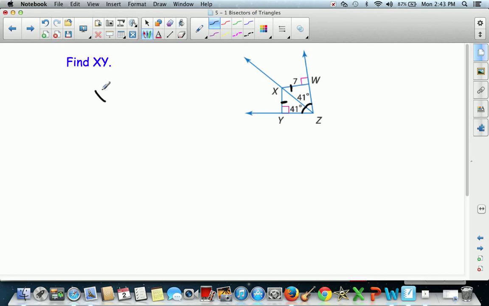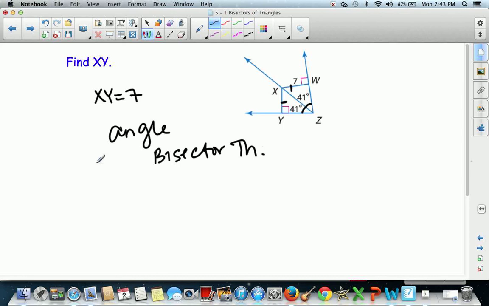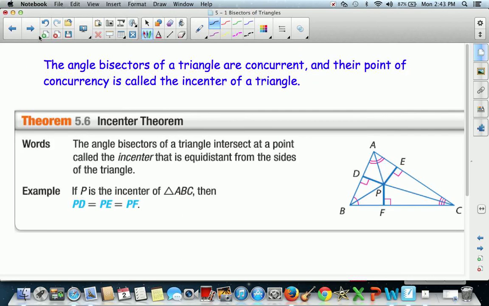So XY then is going to be 7. And that's because of the angle bisector theorem. All right. Let's try a couple more.